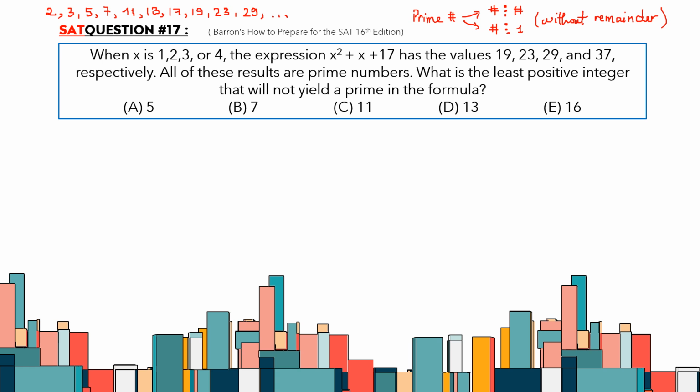So, in these questions, we have to group the first two terms, x squared and x, together to form x times (x plus 1), plus 17.